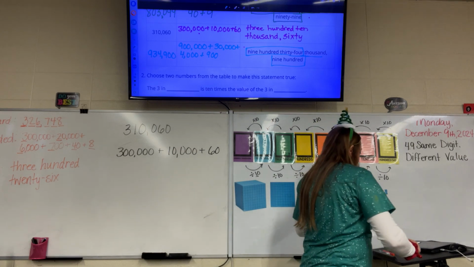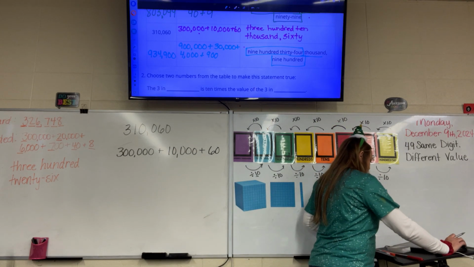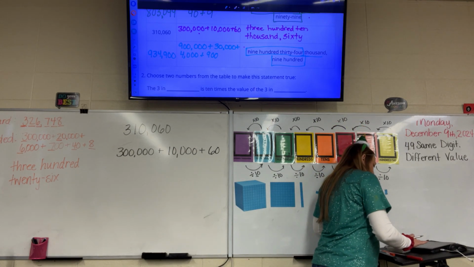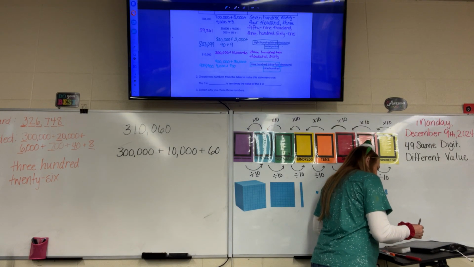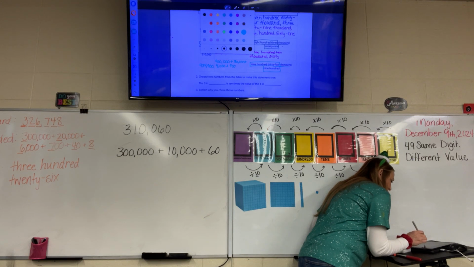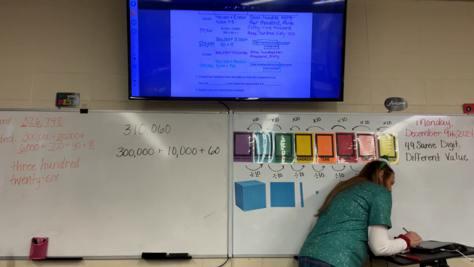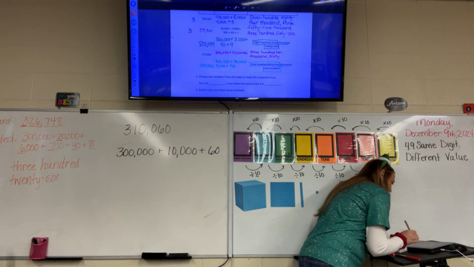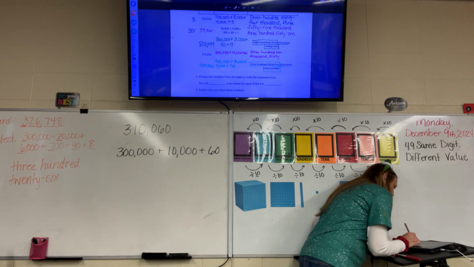It says choose two numbers from the table to make this statement true. The 3 in blank is 10 times the value of the 3 in blank. So let's write out here to the side what the values of these 3's are. So this 3 is worth 3. This 3 is worth what? 300. This 3 is worth 3 what? 1,000.